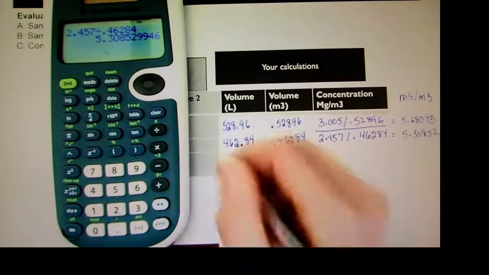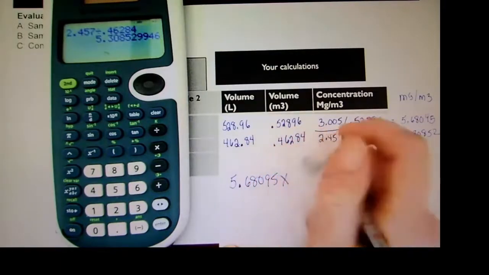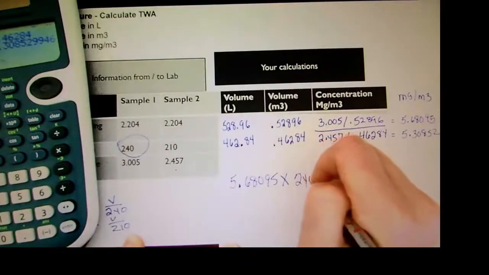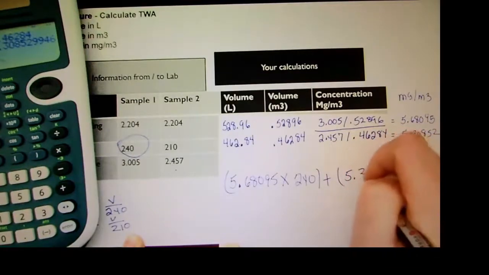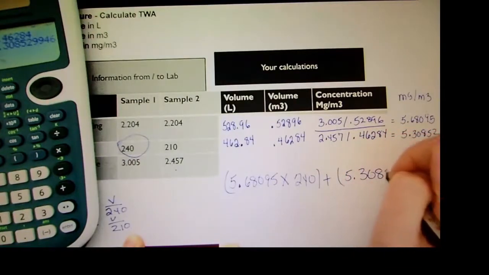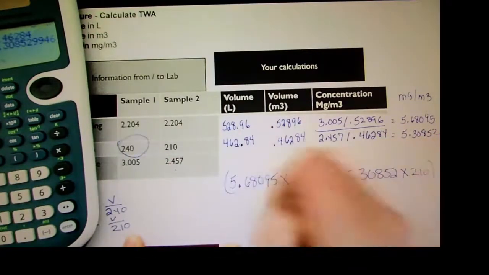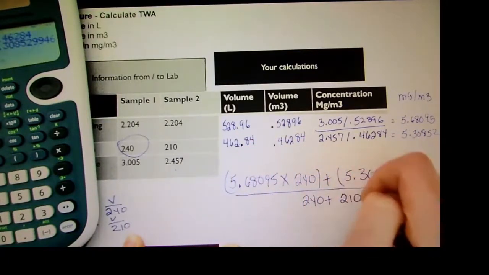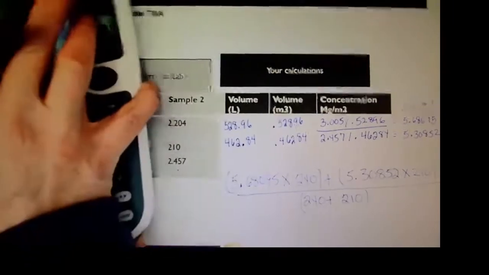So we have 5.68095 times our time, plus our next concentration times our time, over our sum of time. And if we do this appropriately, we should come up with the right time-weighted average. Let's give it a try.